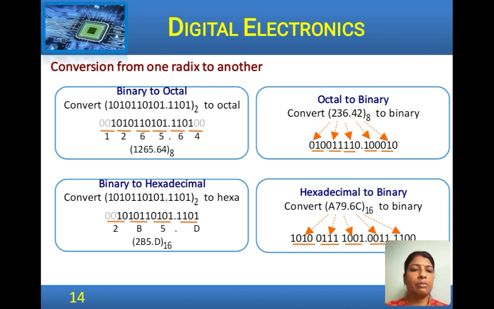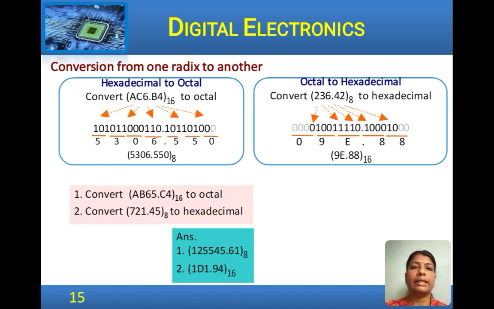And for the fractional part, after the decimal point, start from left to right, and group 4 bits together. Now convert each set of 4 bits into an equivalent hexadecimal digit, and that gives you the solution. Similarly, for converting a hexadecimal number to a binary number, consider each hexadecimal digit and represent it using 4 bits, and there we have the binary equivalent of the hexadecimal number.